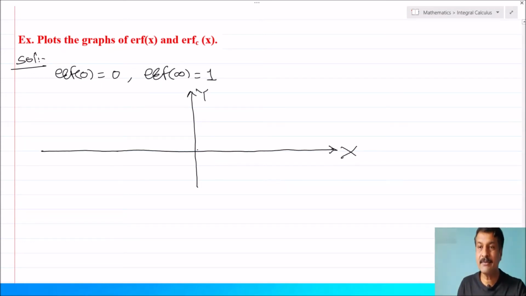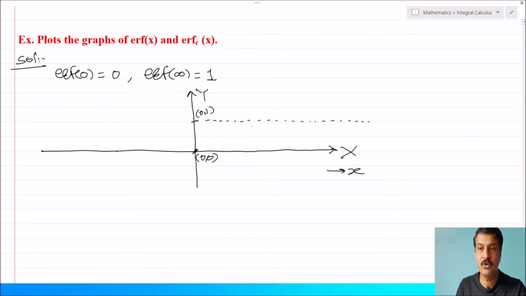When x equal to 0, here is the origin 0, 0, and y means error function of x. So values of y, meaning error function, are 0 to 1. Suppose here it is 1, it is 0 comma 1, so this is y equal to 1. So the value of error function of 0 is 0, and error function of infinity is 1.